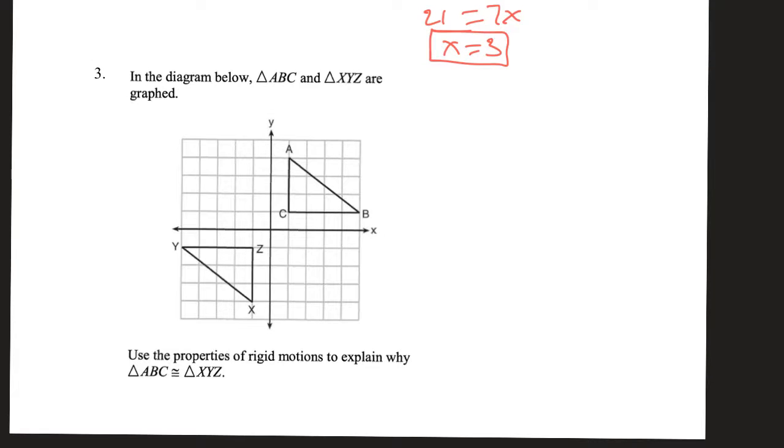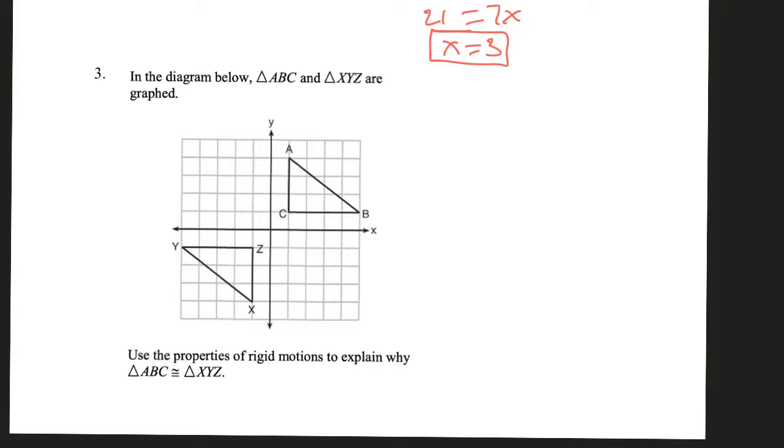In the diagram below, we have triangles ABC and XYZ. Use the property of rigid motions to explain why ABC is congruent to XYZ. Well, for this one, we need to show that ABC can be transformed onto XYZ, or vice versa, either one.